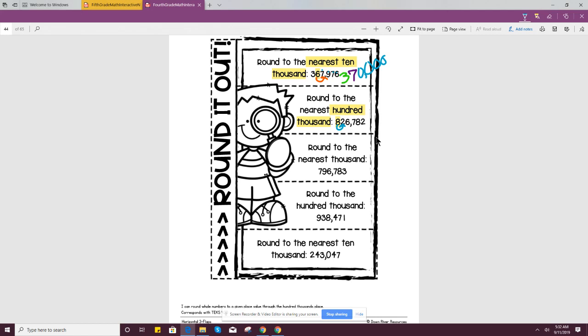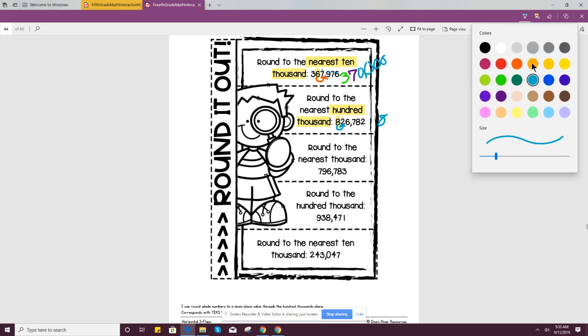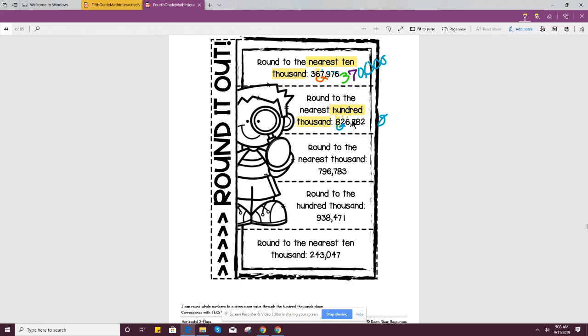So looking at the 8, the 2 behind it is less than 5. 5 or more, raise the score to a 9. 4 or less, let it rest at an 8. Well, it's less than 4, so we're going to let this rest at an 8. Everything else behind it turns into a 0. And I'm using a mouse to write, so my numbers aren't very fluid. Now this is what you should write underneath the second tab.